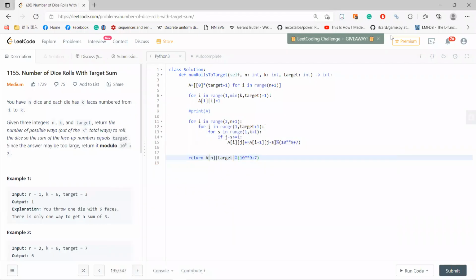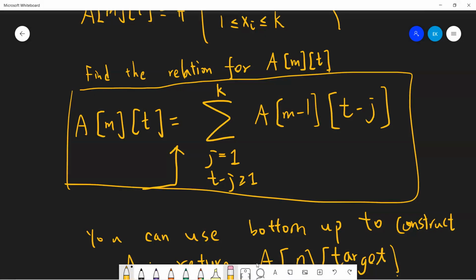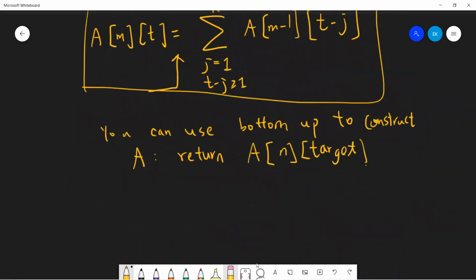Okay, so create A of size n plus 1 by target plus 1, and for i in range n, right? I don't care about the 0 indices, because I think it's confusing, right? But you just create this A, and then for the initial condition, let me just write down the initial condition, right? So the initial condition is this.